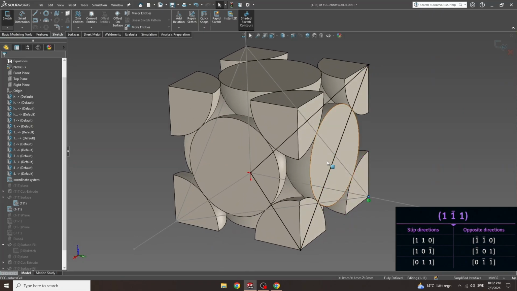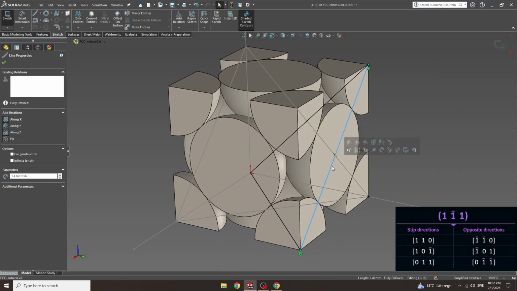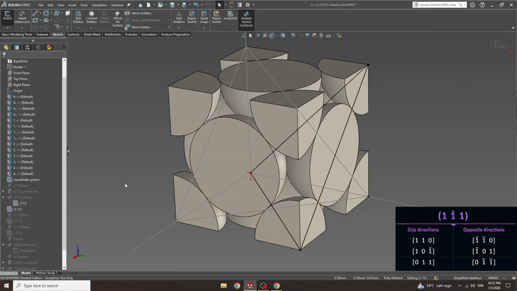And the directions I'm just going to show you. For example, this direction, if you go this way, you go 1, 1, 0. And the other directions you can do by yourself.